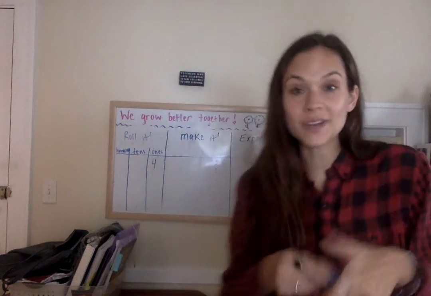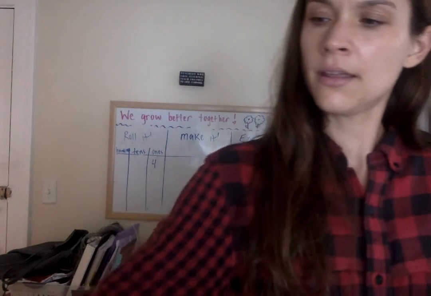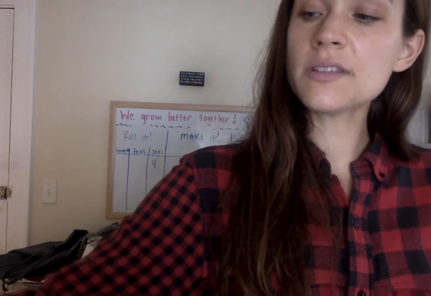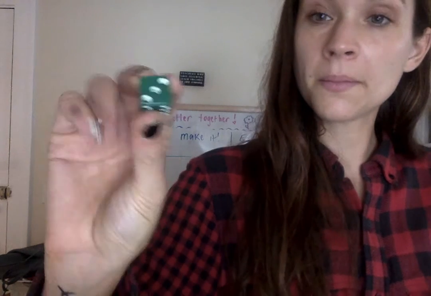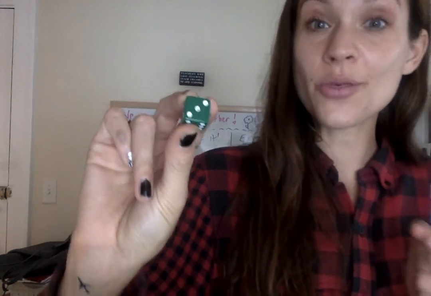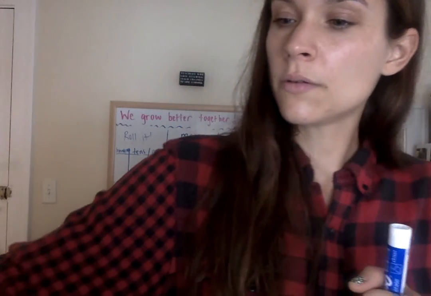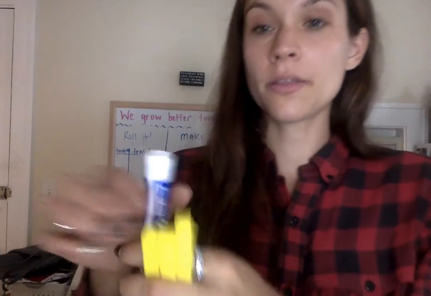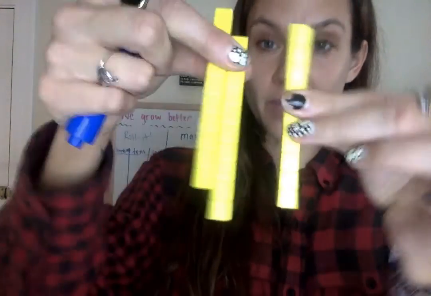All right, now I'm going to roll it again. How many tens do I need? I'm going to keep rolling it. Ooh, interesting. How many tens? 3 tens. 1, 2, 3.